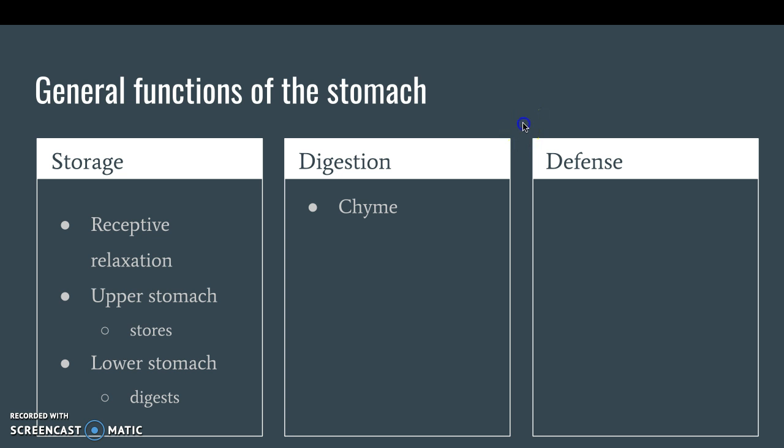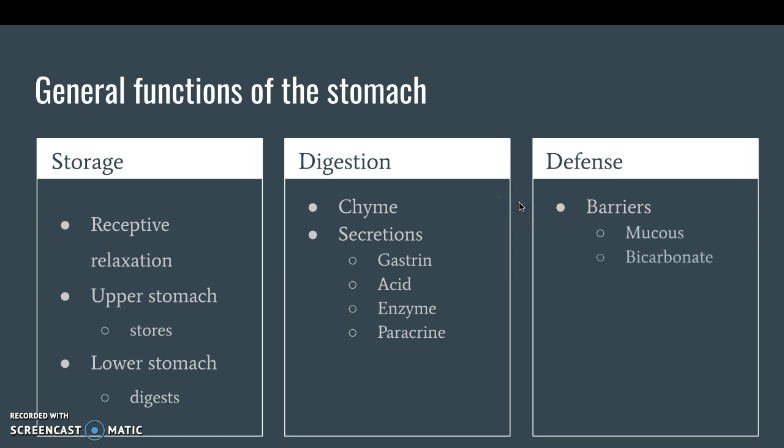And in the digestion phase, we're really going to focus on secretions, and I'm not going to go too much into this right now, but we'll talk about the main four types of secretion that go on during digestion and what all these secretions do. And then thirdly, the defense of the gastric phase, which consists of the mucus bicarbonate barrier.